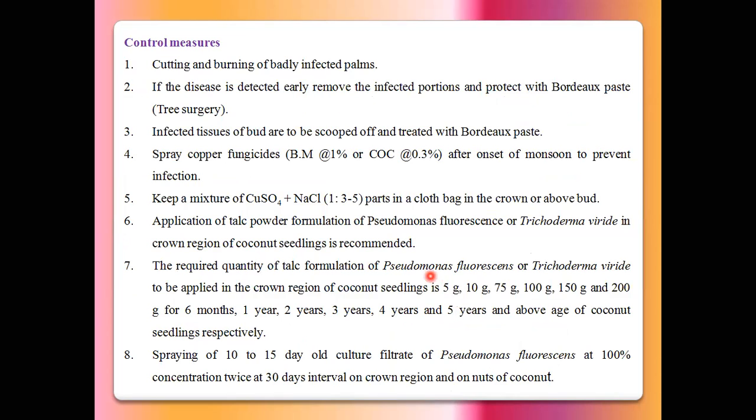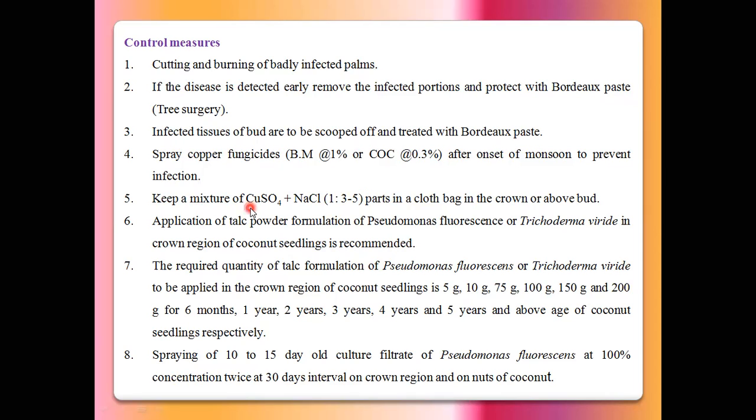First management is the cutting and burning of the affected palms, or removing the infected bud portion. If the disease is detected early, remove the infected portion of the buds and protect with the Bordeaux paste. We just apply the Bordeaux paste. Then infected tissue of the buds is also scooped off and treated with the Bordeaux paste.